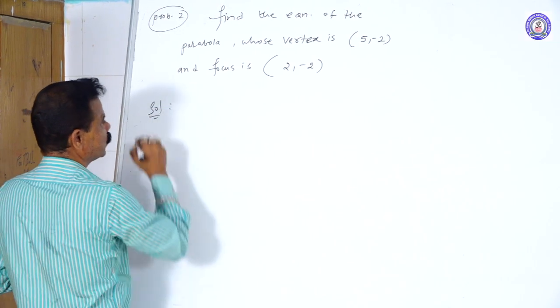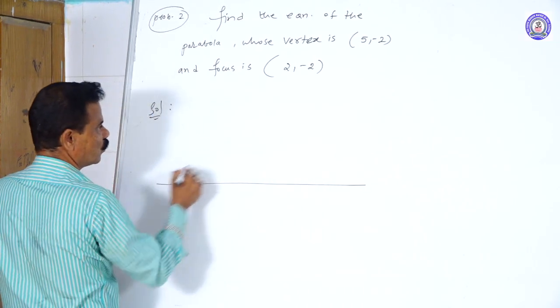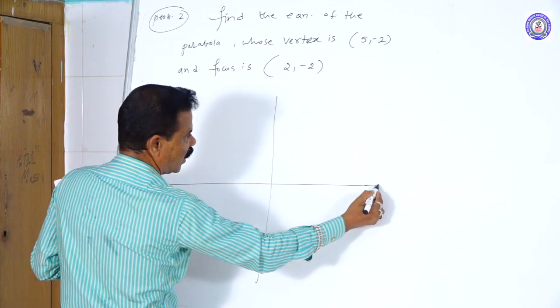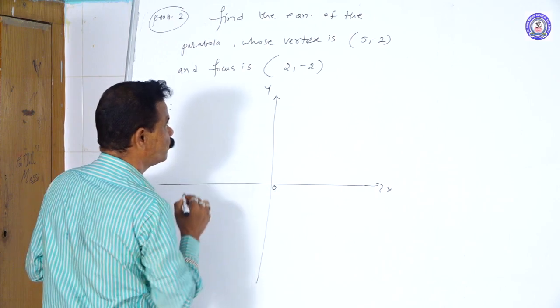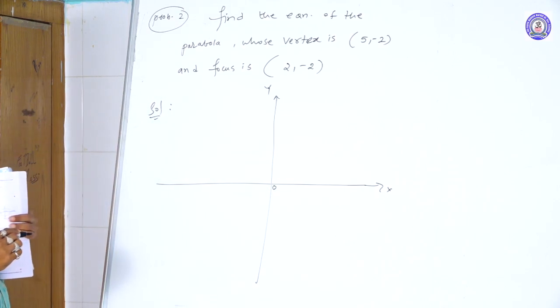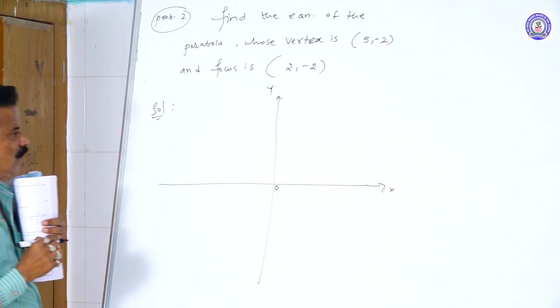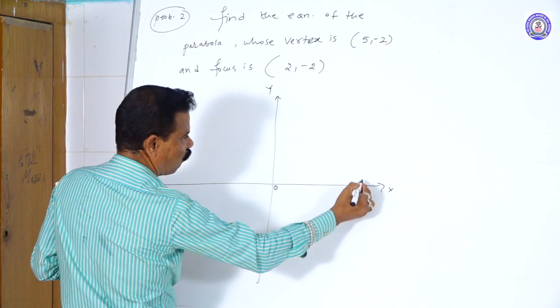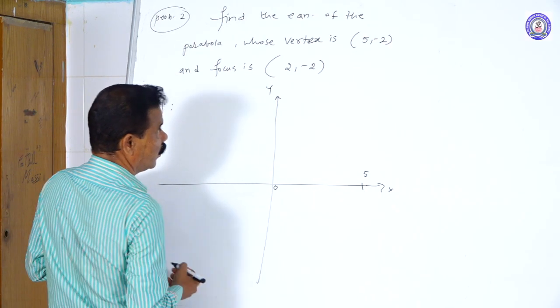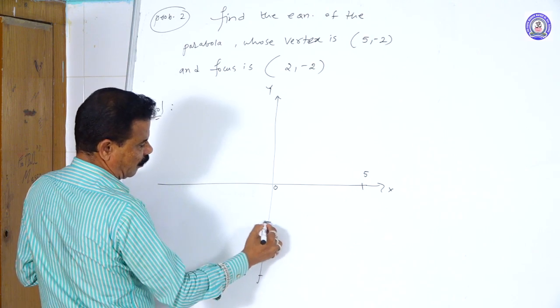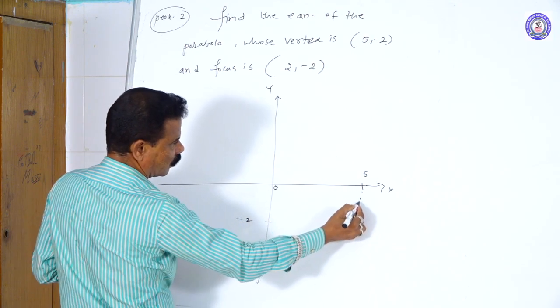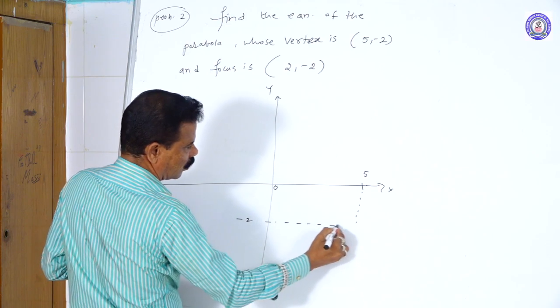Solution. Take the graph. This is the x axis, this is the y axis, and the origin. The vertex is (5, -2). Suppose here is 5 and here is -2.